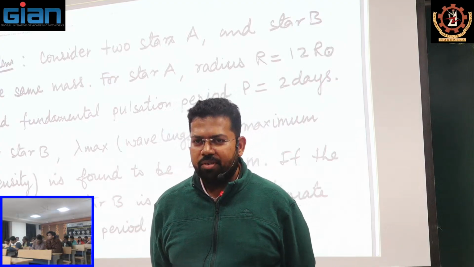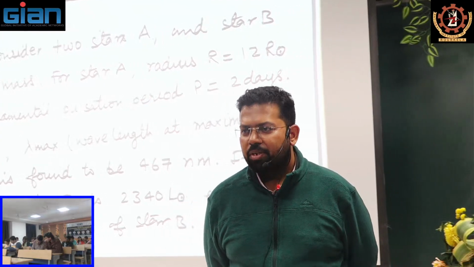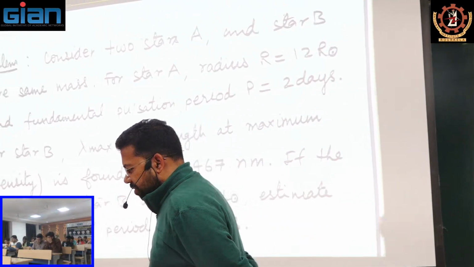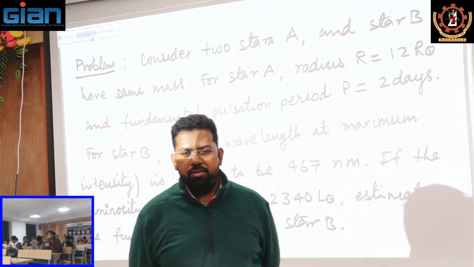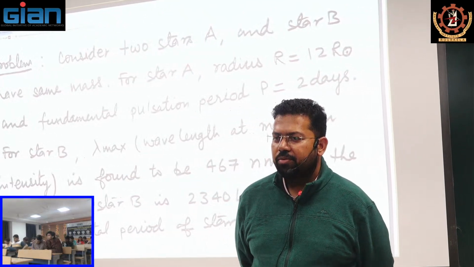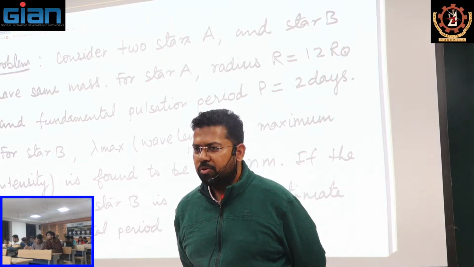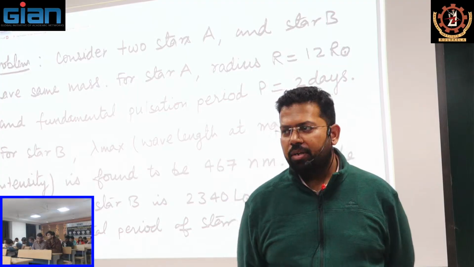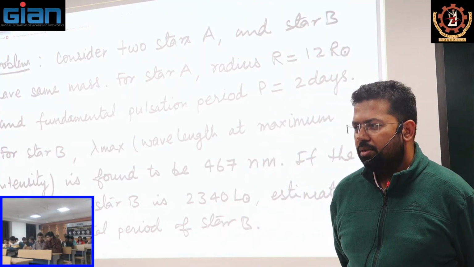So we have two stars, star A and star B. For star A, the fundamental period and the radius are given, and for star B we have the wavelength associated with the maximum intensity and the luminosity, in terms of solar luminosity. So the question is how we can estimate the fundamental period of star B.